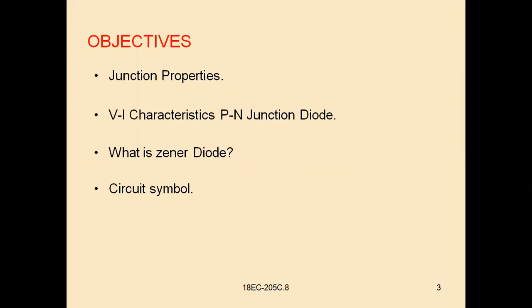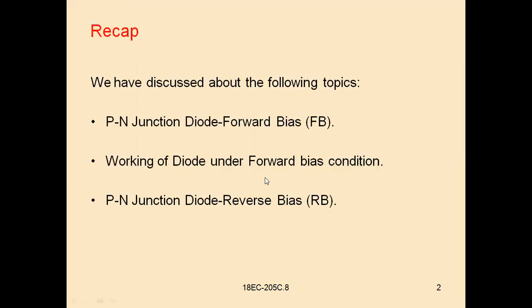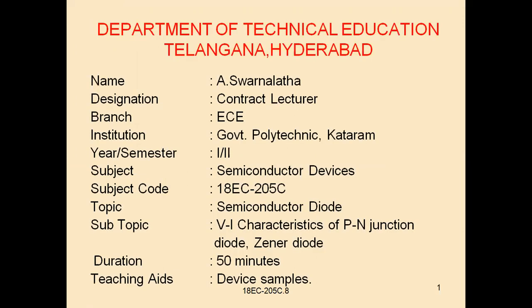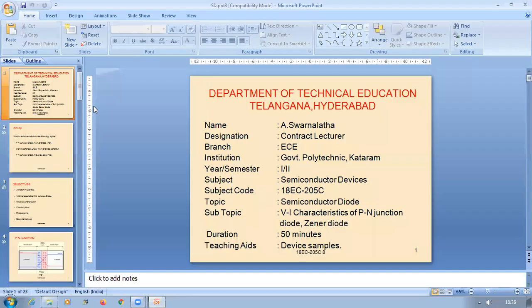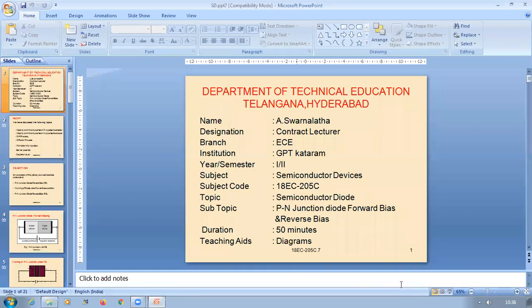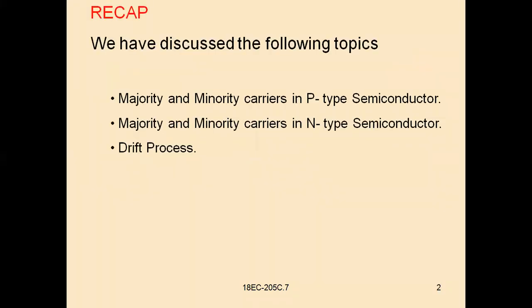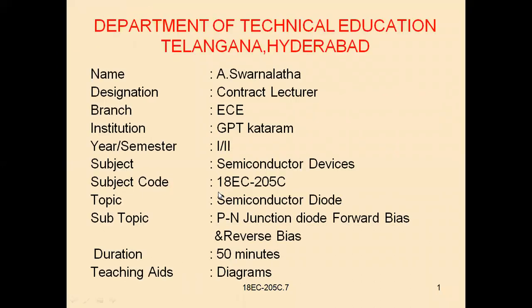So junction properties, characteristics of the PN junction diode. Okay, is it clear with this?